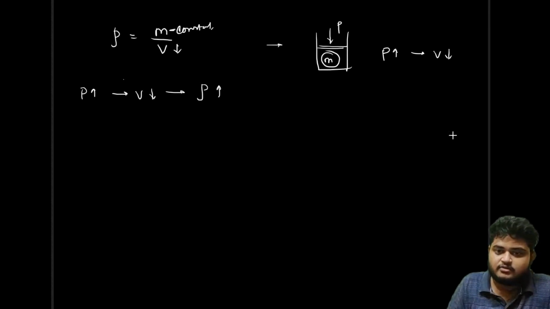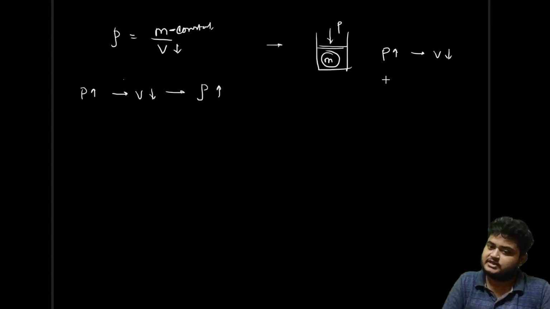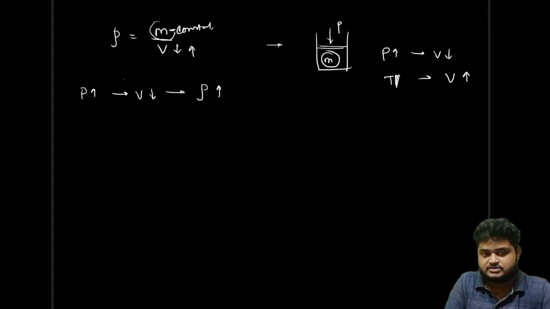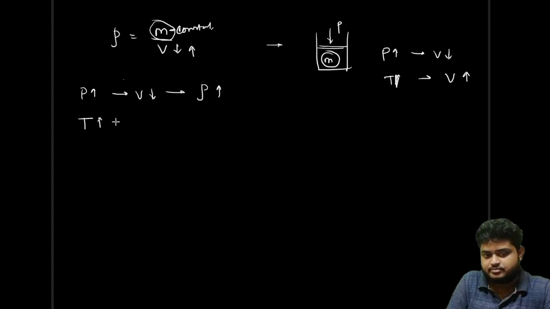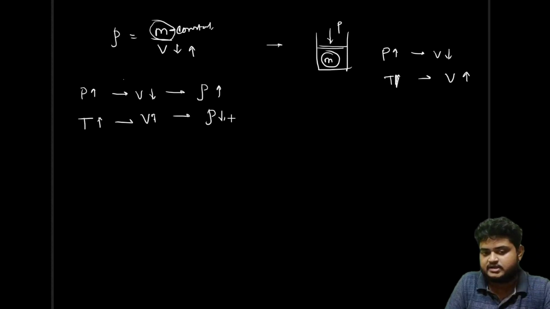Obviously. Now for the temperature, if we increase the temperature, automatically with the increase of temperature the volume will increase, and if the volume increases and the mass is constant, automatically the rho, the density, will decrease. So the volume will increase and the rho will decrease.